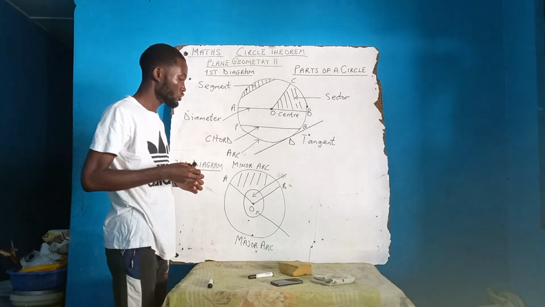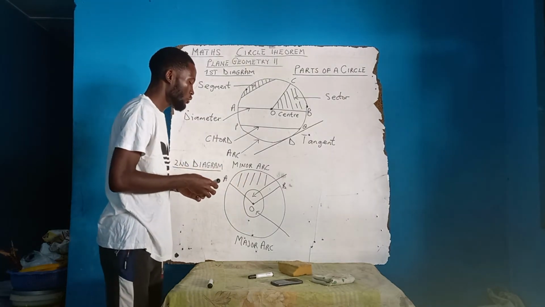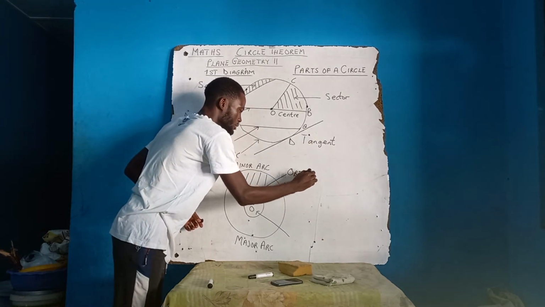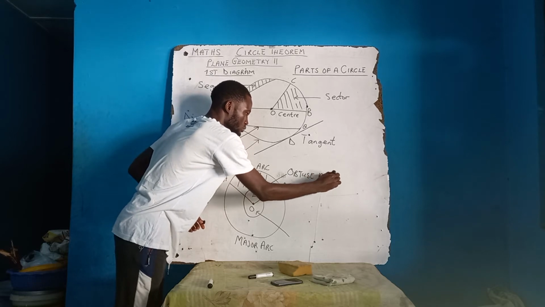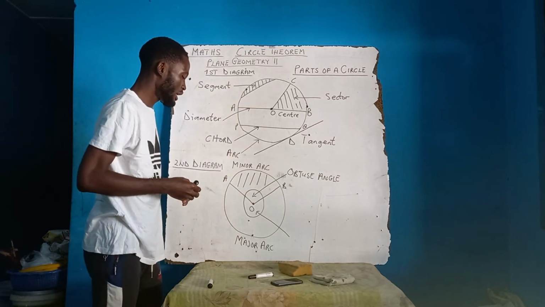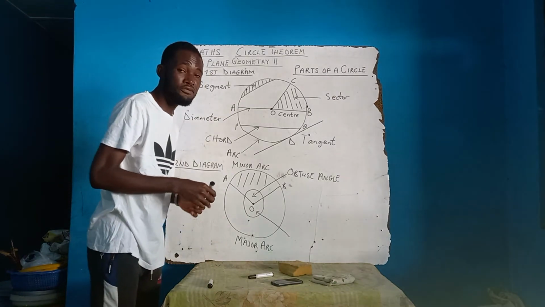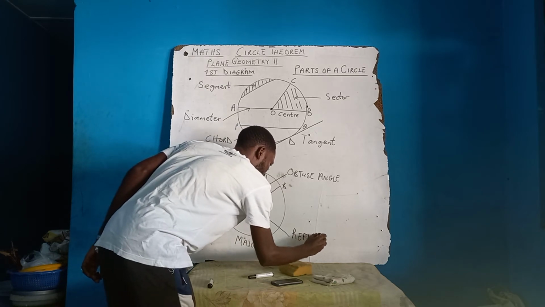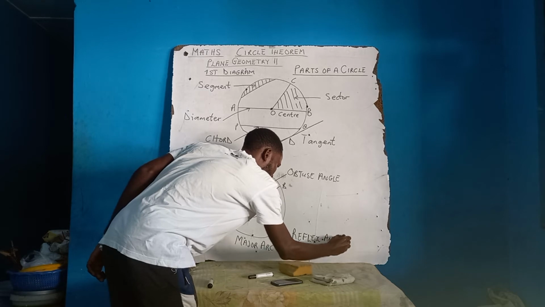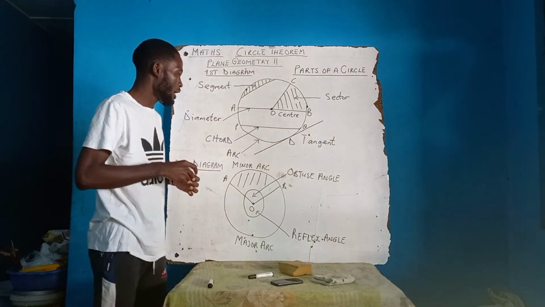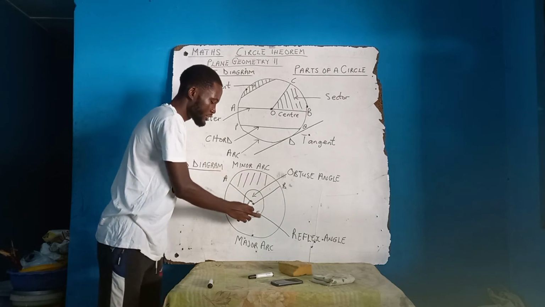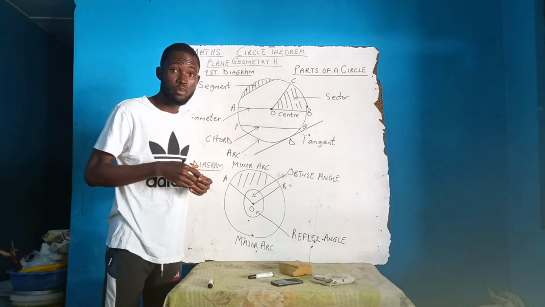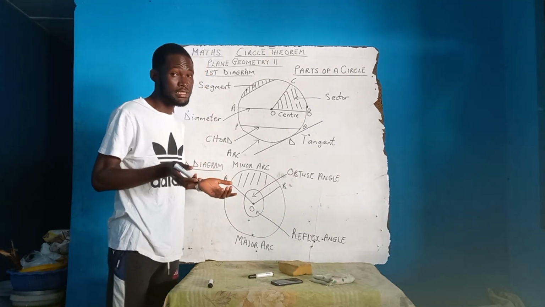In our minor arc, we have our obtuse angle. And in our major arc, we also have our reflex angle. Our obtuse angle connects to our reflex angle to give us the entire angle around a point, which is typically 360 degrees.